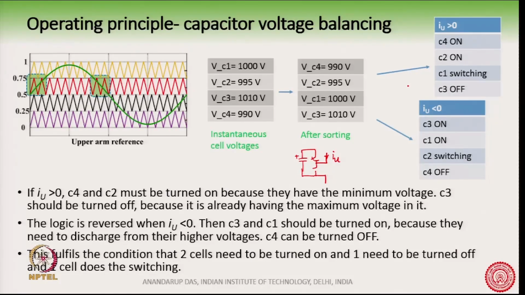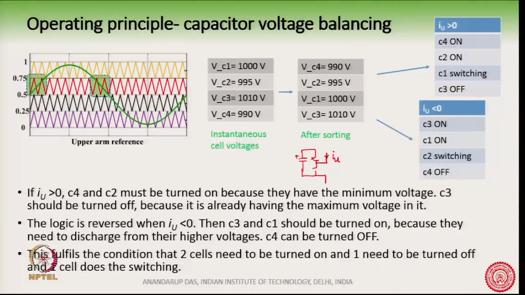Which cell needs to be turned off? It must be C3, because C3 has the highest voltage, 1010. And of course, the one who is left is the one which should get the switching action. So, Vc1 is 1000 volt, it will get the switching action. We have to turn the cell C1 on and off.